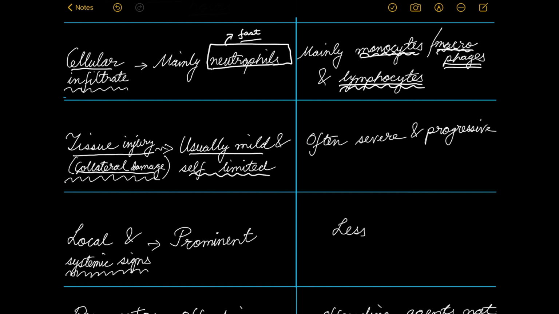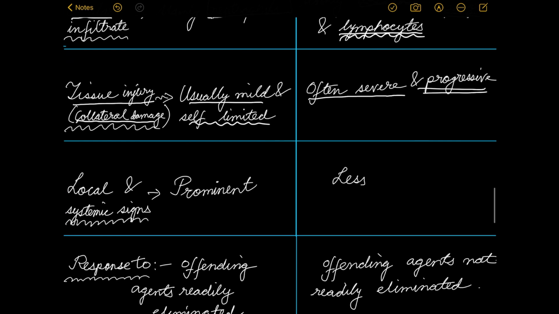But in chronic inflammation, the host collateral damage is severe and progressive. Okay, another very important difference. Now, the local and systemic signs for acute inflammation are prominent, as I'll discuss in just a bit, whereas in chronic inflammation they are less. I'll come back to this point later, don't worry.